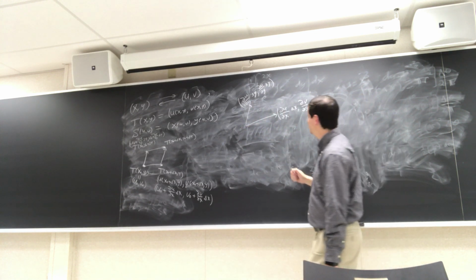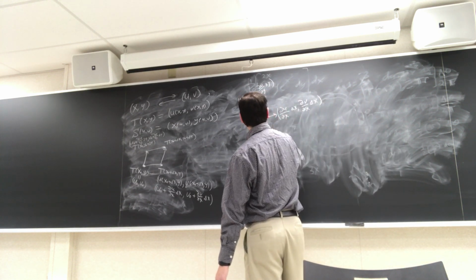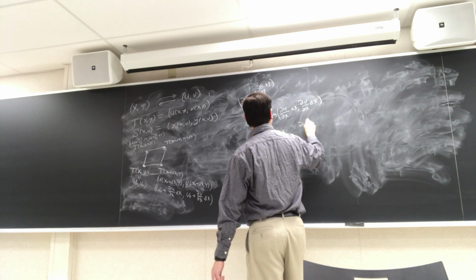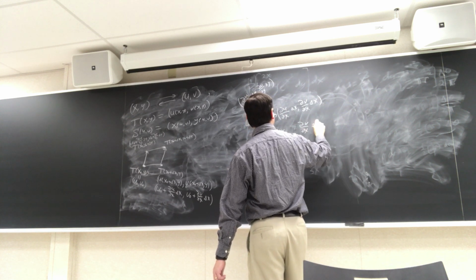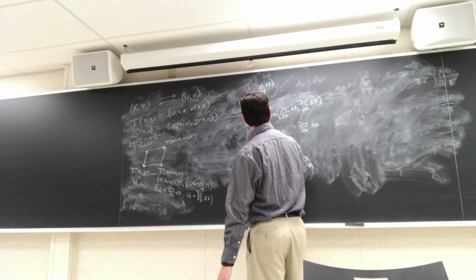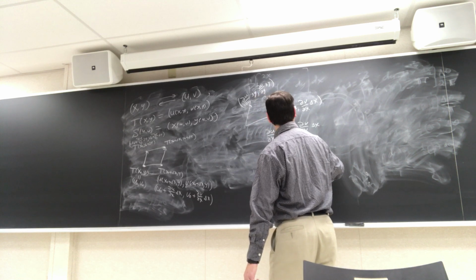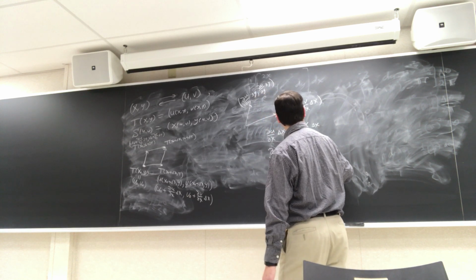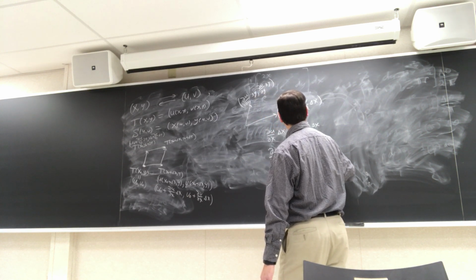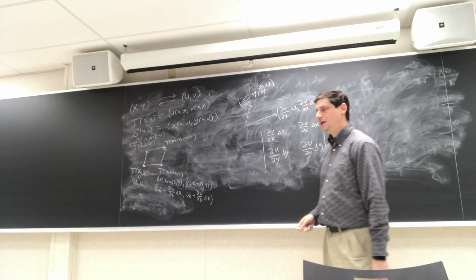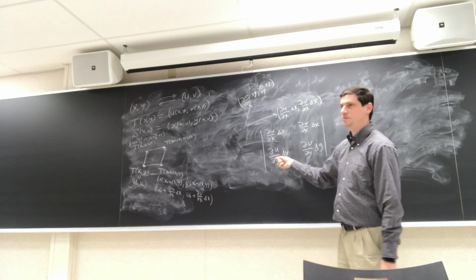And so now I would calculate the determinant. I would get du dx delta x, dv dx delta x, du dy delta y, dv dy delta y. And so it's this times this minus this times this.